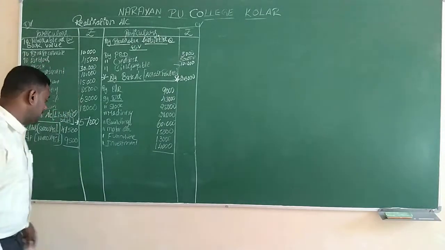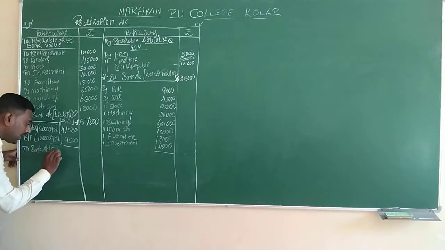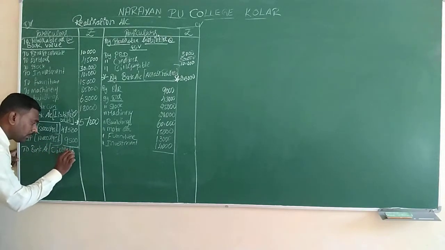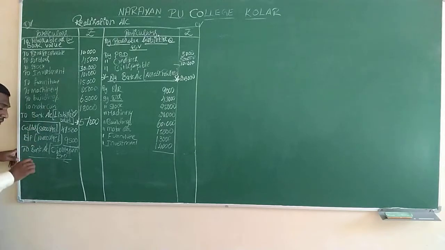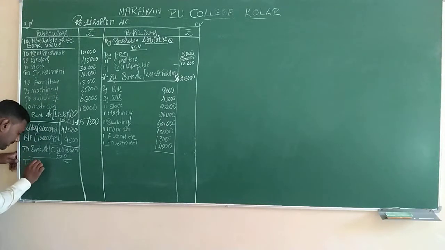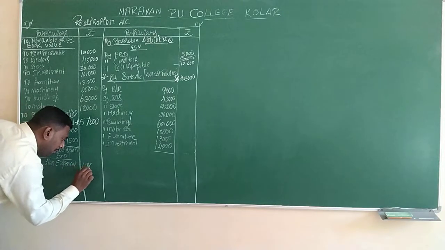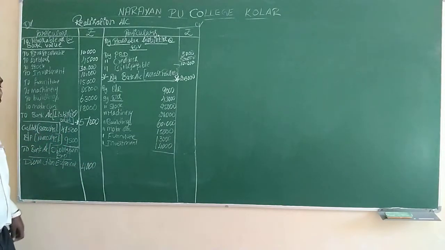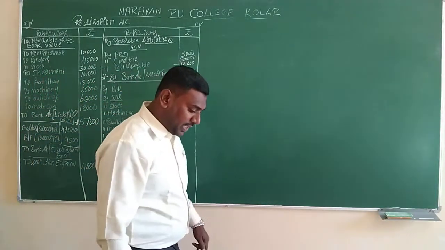Any expenses always come under the debit side of the realization account, to bank account, in bracket dissolution expenses, rupees 4,000. So all the 3 adjustments we have transferred here.